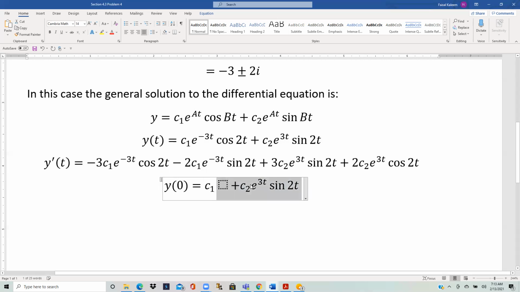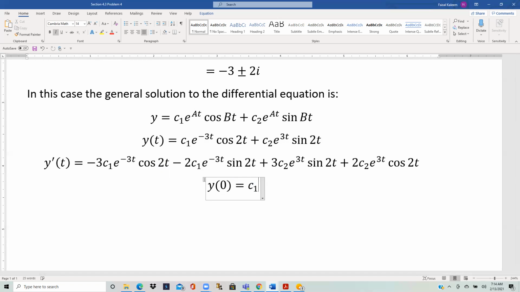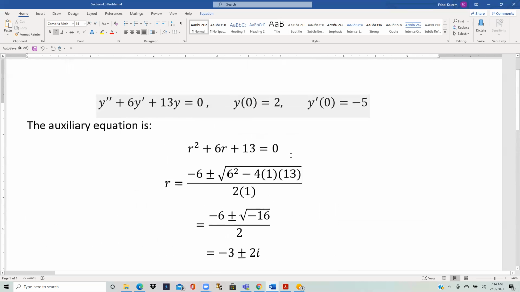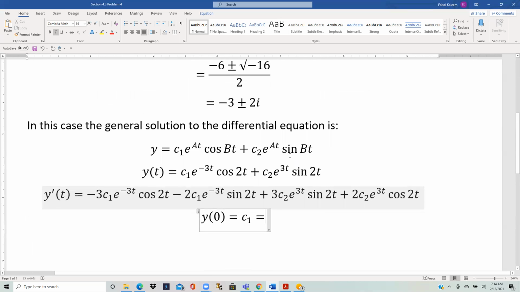And then the second term also goes away. E to the 0 is 1, and sine 0 is 0. So all of the second term goes away. So y0 is just c1, right? You put t equal to 0. This is just c1, and this part is 0 because of sine 0. And y of 0 was given to be 2. So actually we have c1 is equal to 2.